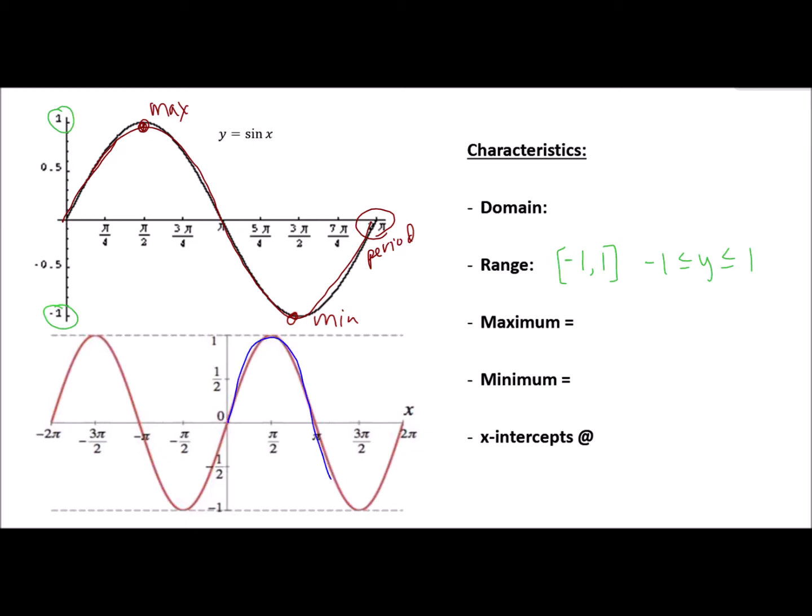So you make one cycle and then it'll follow with another cycle and so on. Same thing in the opposite direction. It just keeps going on forever and ever, which means our domain for sine and cosine is all real numbers.